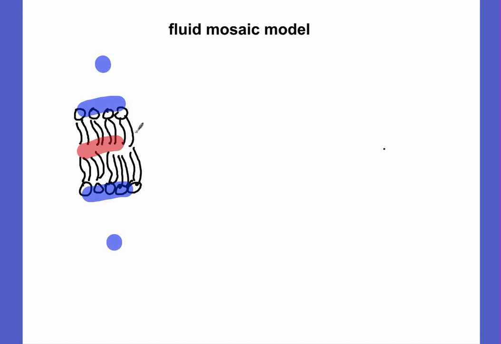But as I continue to draw this, I need to add in new things. This is called a mosaic model because it has lots of different pieces that make up the whole, right? So just like if you were to make a mosaic in your art class, you take different colored pieces of glass and throw them together to make this picture. That's the idea here. We have different parts.